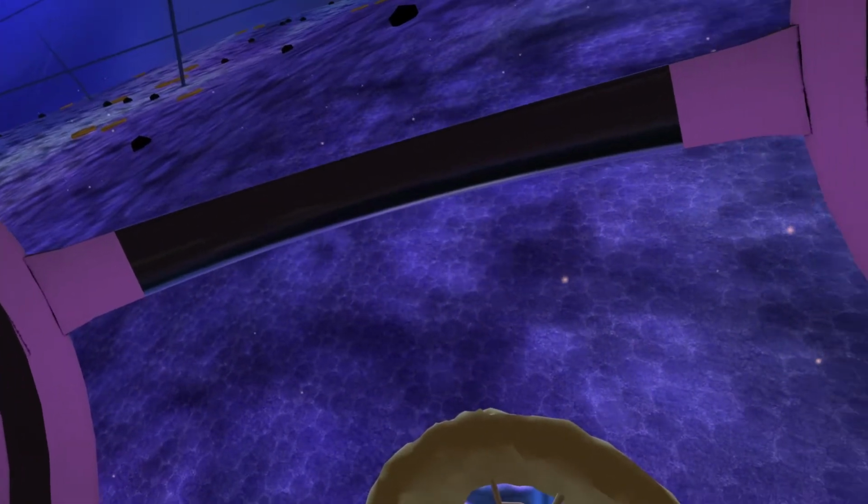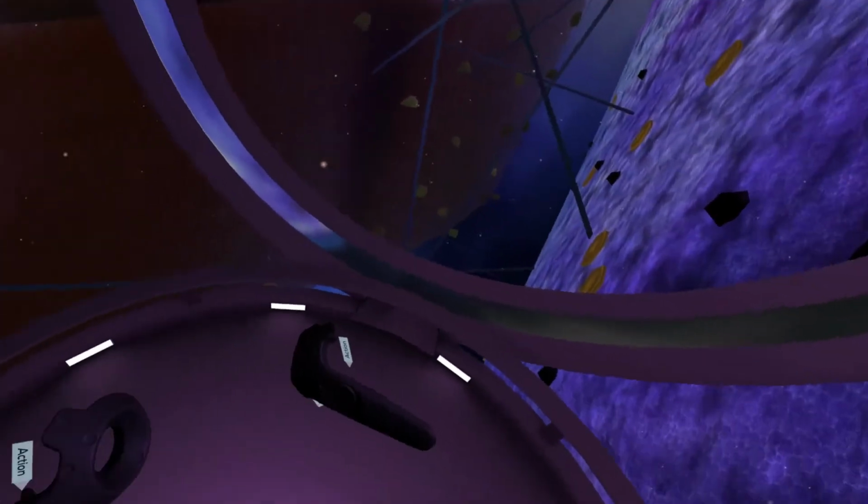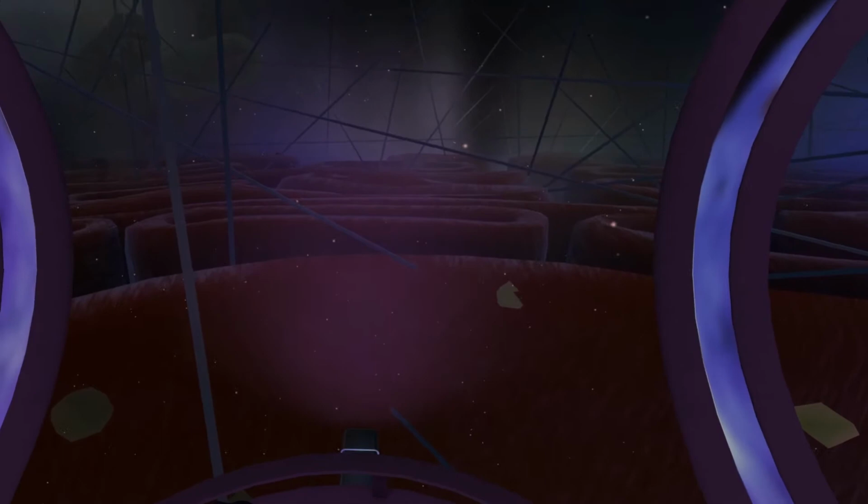We have exited the nucleus and are now floating through the cytoplasm. Surrounding the nucleus is the rough endoplasmic reticulum, or RER, a maze-like structure made of flattened membrane.